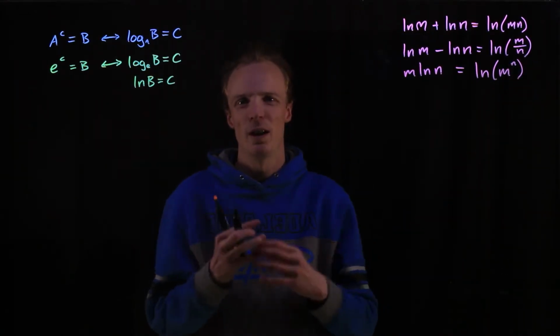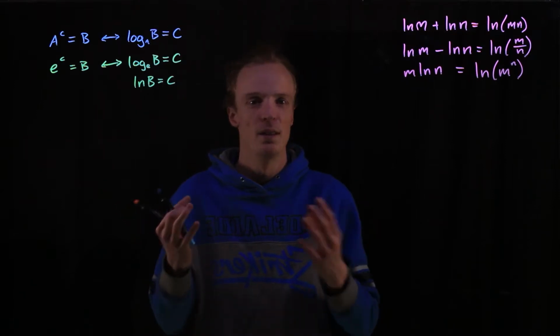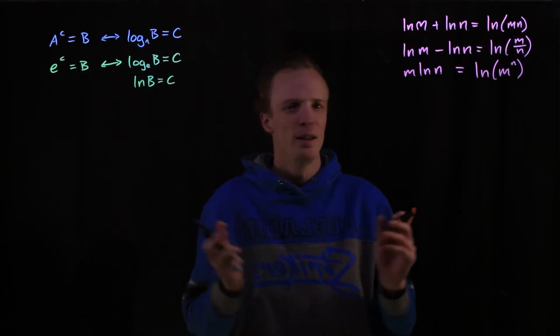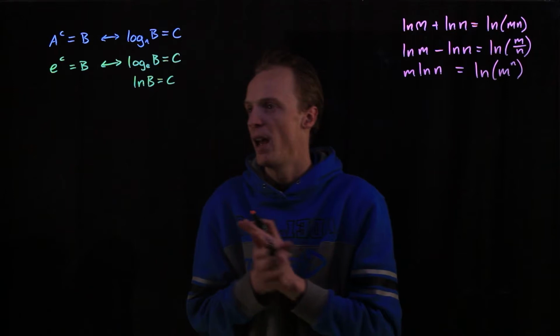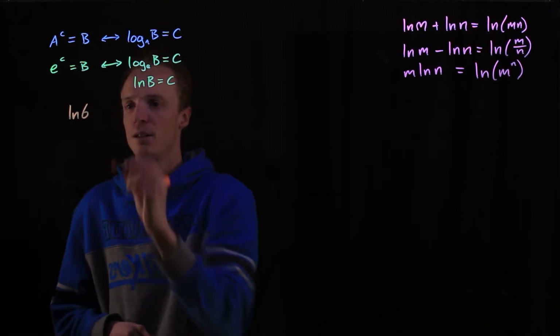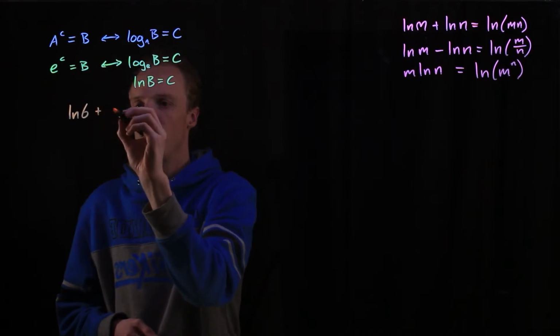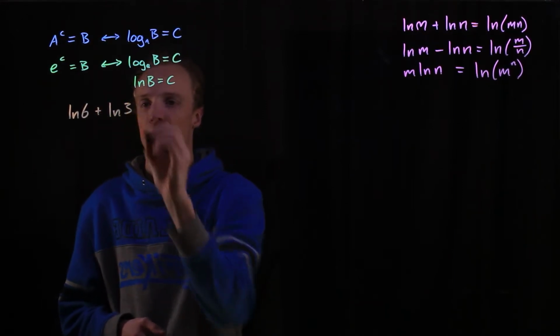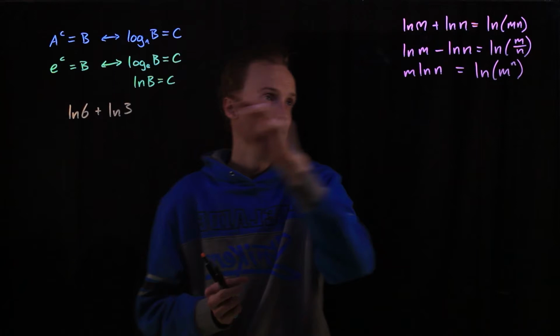So given this, we can actually use the same logarithm laws to simplify expressions. Let's give some examples. Let's say I had the natural logarithm of 6 and I added it with the natural logarithm of 3. Well, this would be our first log law.